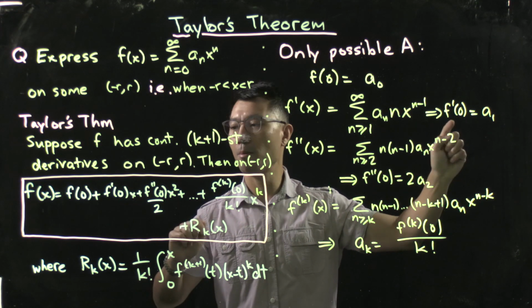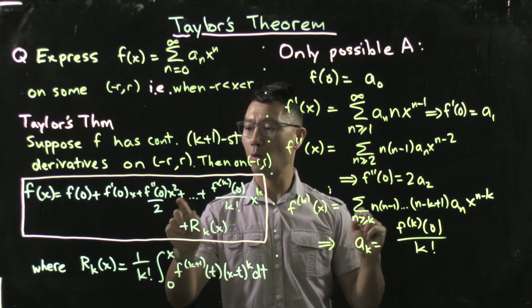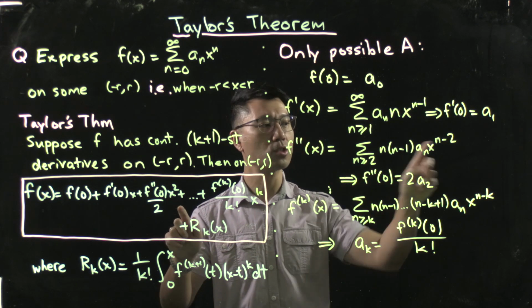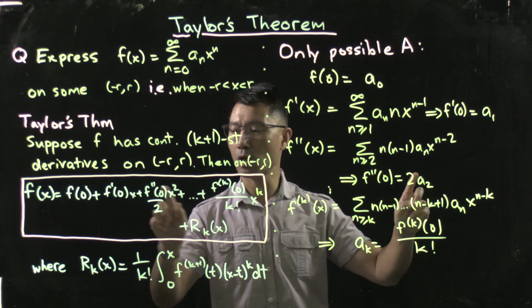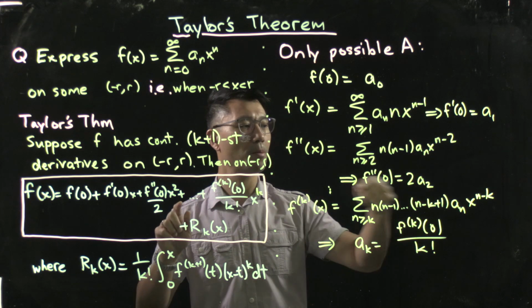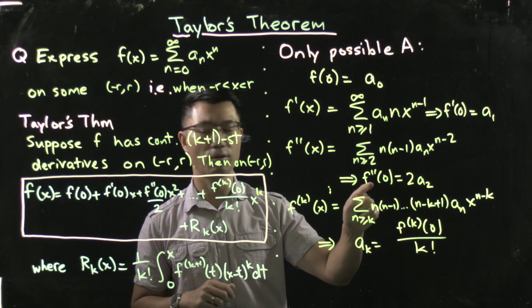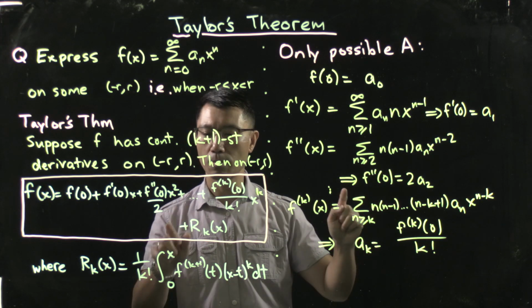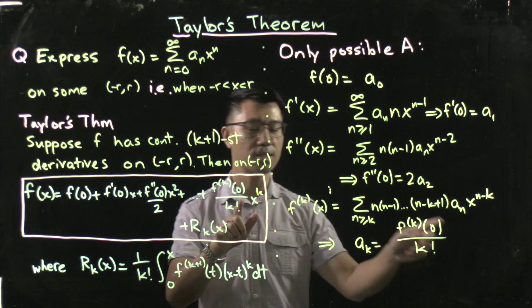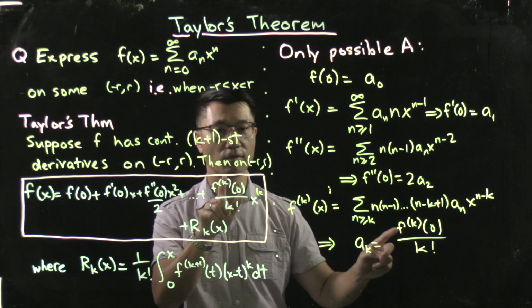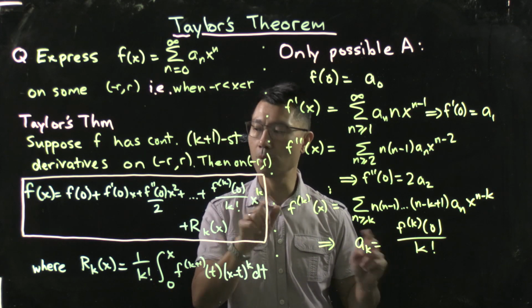So this one here, f prime of 0 times x. And what's your x squared term here? The x squared term here, remember, has coefficient a2, and that's given by this here. Okay, so that's going to be the second derivative of f at 0 divided by 2. And then you go all the way up to this kth one here, which would be the kth derivative of f at 0 divided by k factorial.